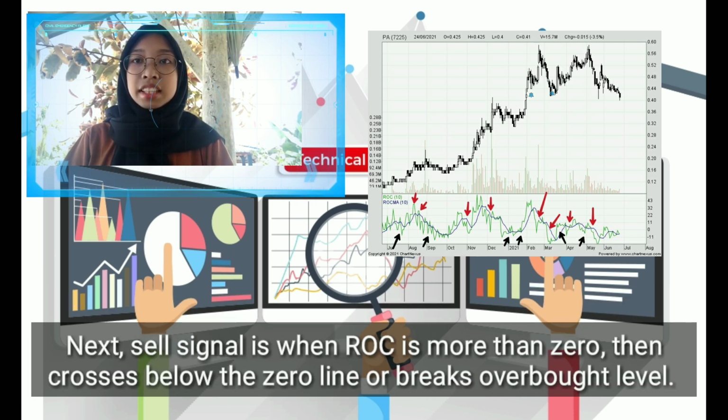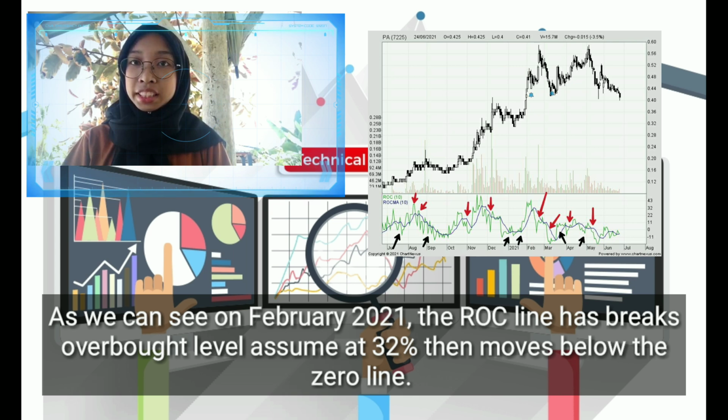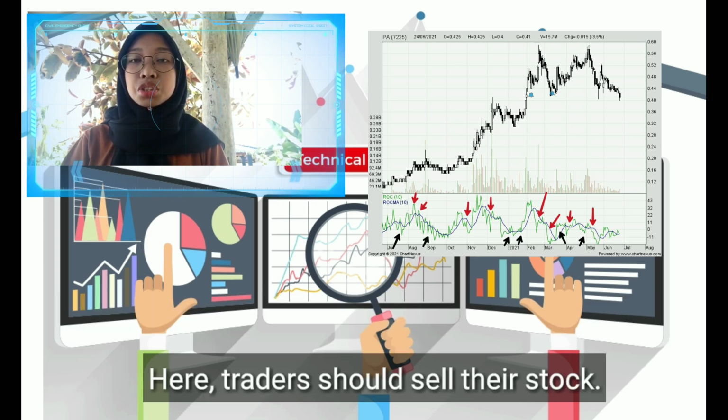Next, a sell signal is when the ROC is more than 0, then crosses below the 0 line or breaks the overbought level. As we can see, in February 2021, the ROC line broke the overbought level, assumed at 32%, then moved below the 0 line. So here, traders should sell their stock.